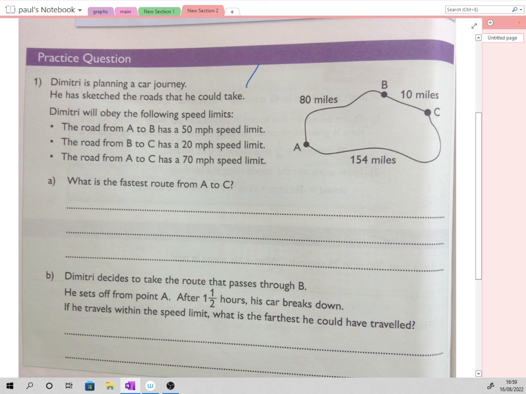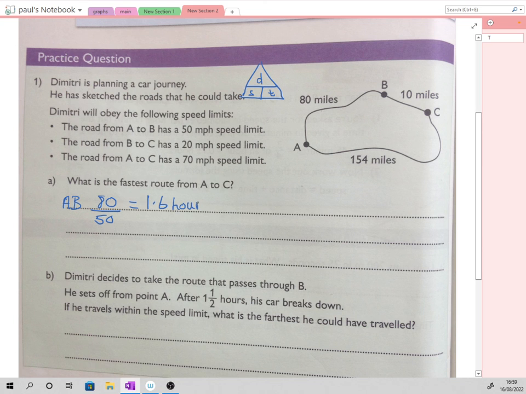Don't we need this triangle to help us along with that? Speed, time, distance. So we need to time these routes. A to B has a speed limit of 50, so we need to know the time. The time is the distance divided by the speed. A to B, the distance is 80 and he can only go 50. 80 divided by 50 is 1.6 hours.